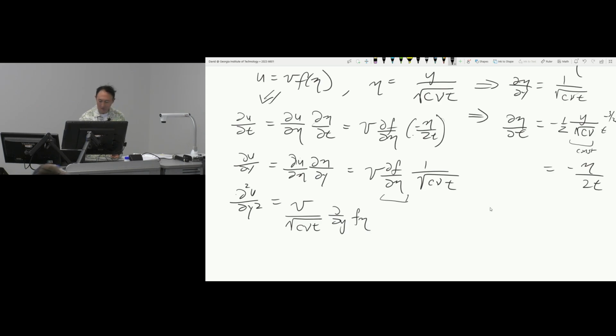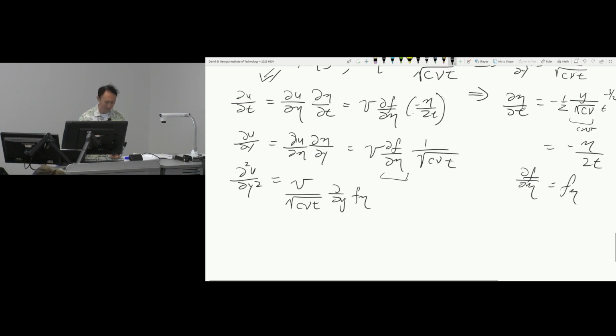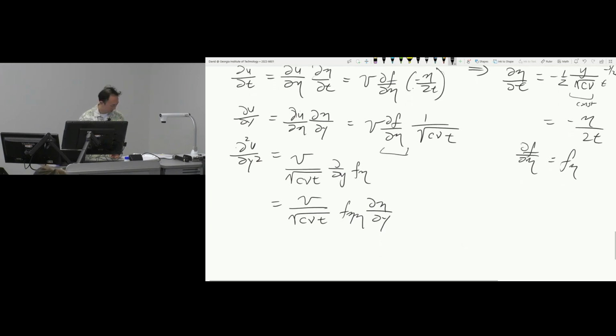All right, so I'm going to use this notation that df d eta is going to be f sub eta, just to reduce the writing. We got that by the chain rule again. And if we use what we have up there, this becomes a nice thing, v over c nu t times f eta eta.